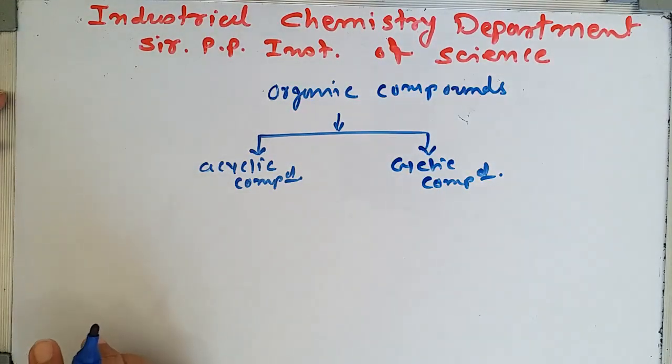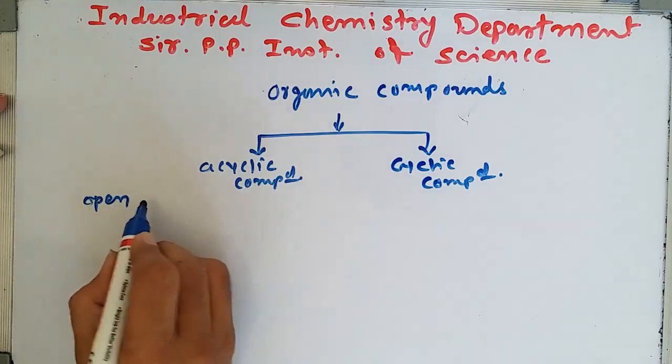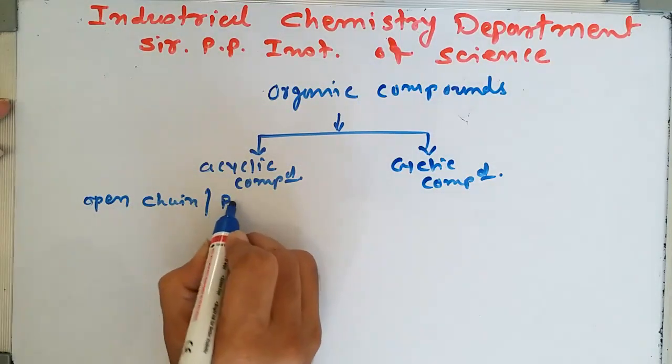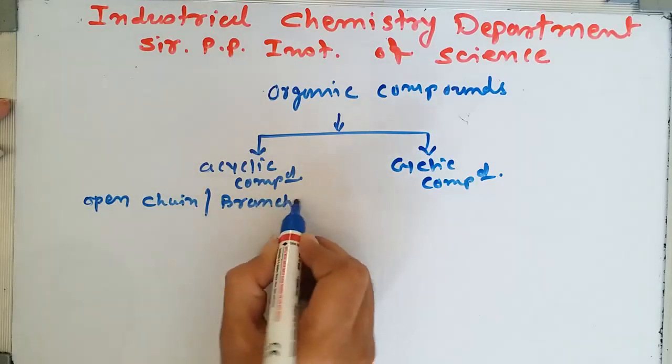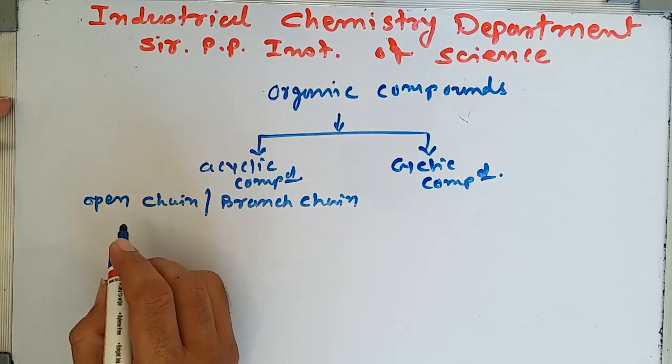Acyclic compounds are also known as open chain or branch chain or aliphatic compounds.